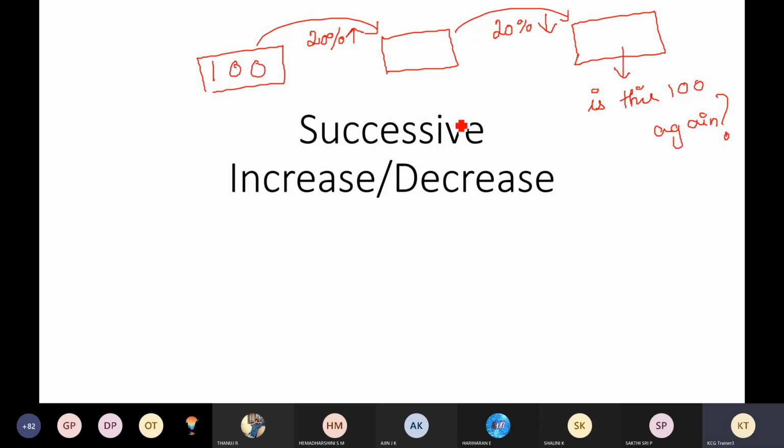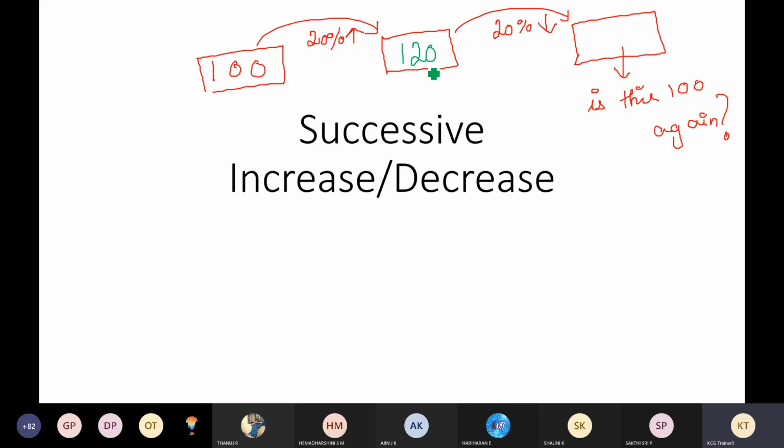Okay, for example, listen here. Let's take the same question and solve it and see. First, if 20% increases, can you tell me what is the new value here? 120, yes. From this, 20% decreases.